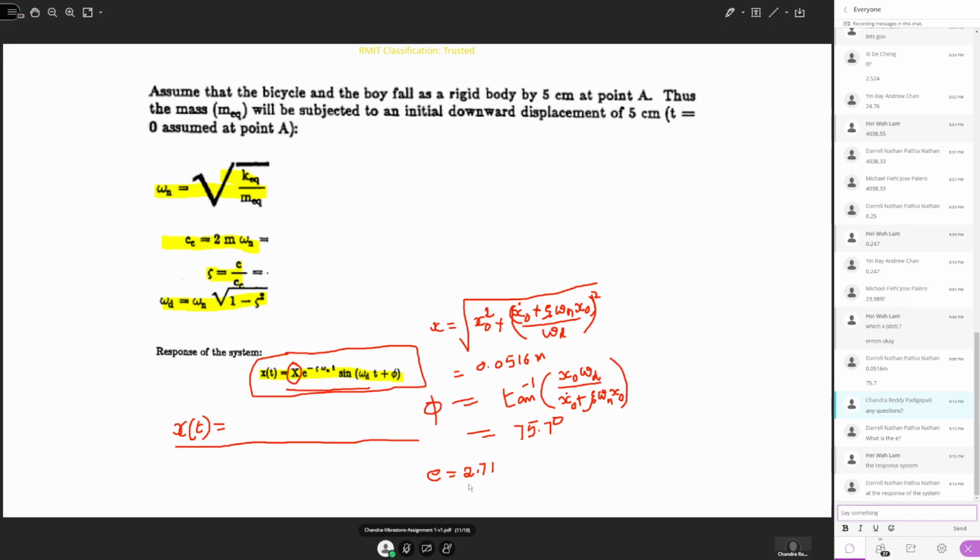The exponential is a mathematical constant. It is 2.718.